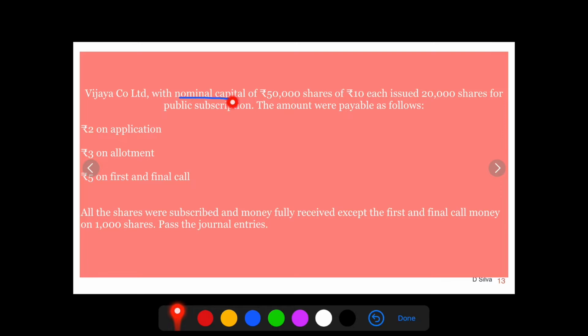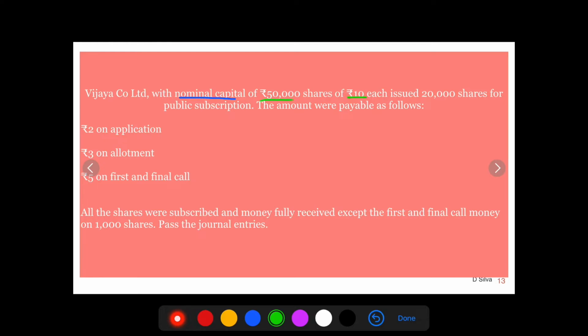It is that amount of share capital which a company is authorized to issue, called nominal capital, authorized capital, or registered capital. So that is rupees 50,000 shares of rupees 10 each. So the nominal value or the face value is rupees 10.